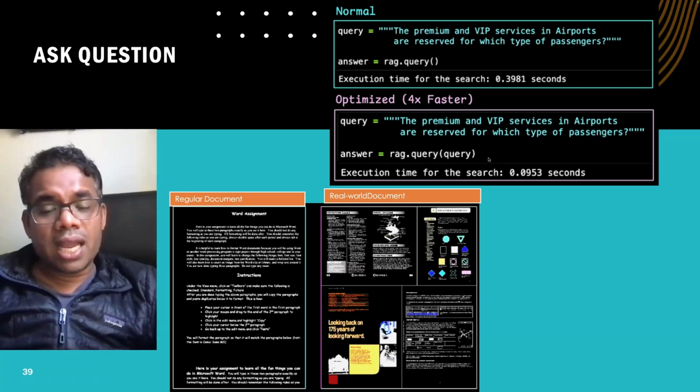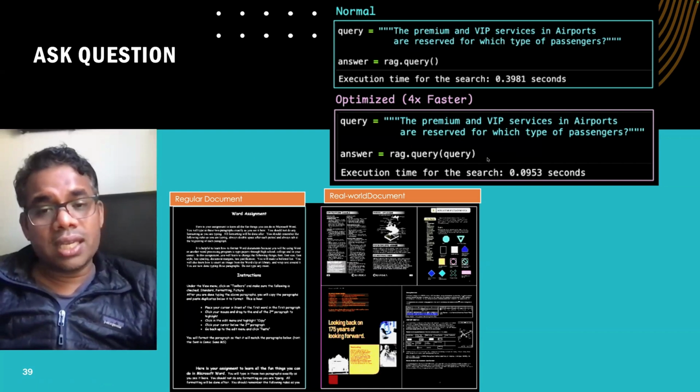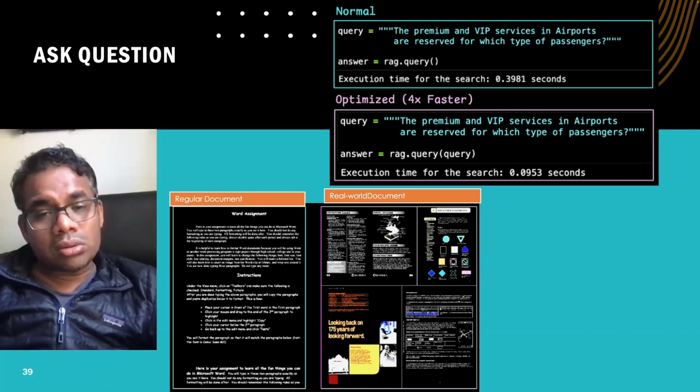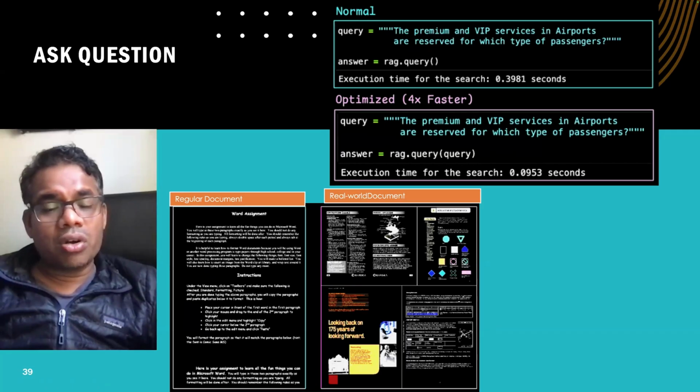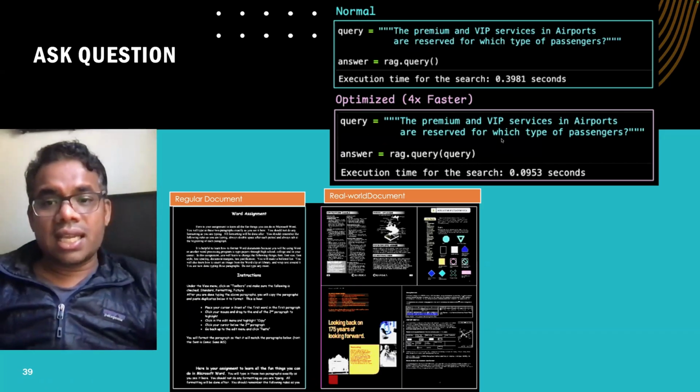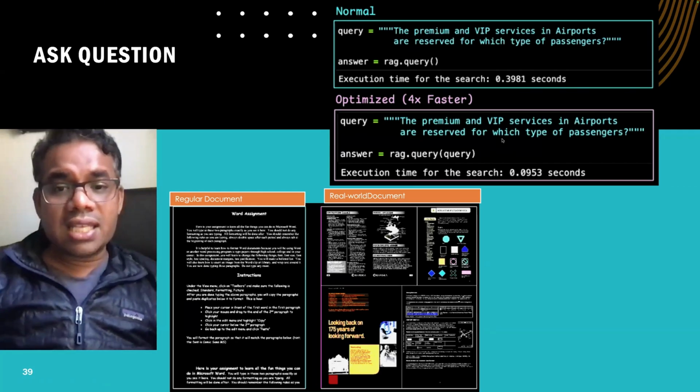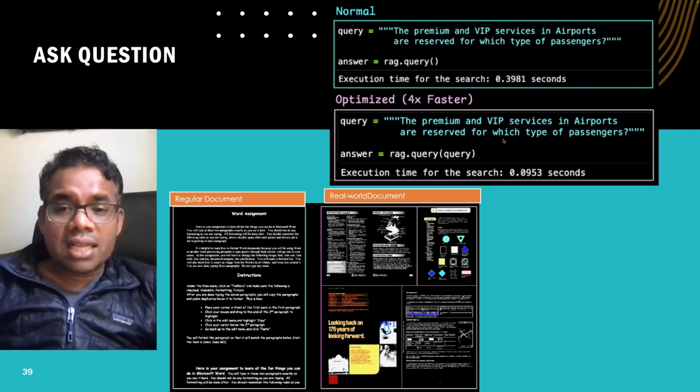It doesn't have to search throughout the vector store. Rather, it will only look for the specific question itself, and that's why it takes much less time and has faster execution compared to the previous one, right? So that's how it is.